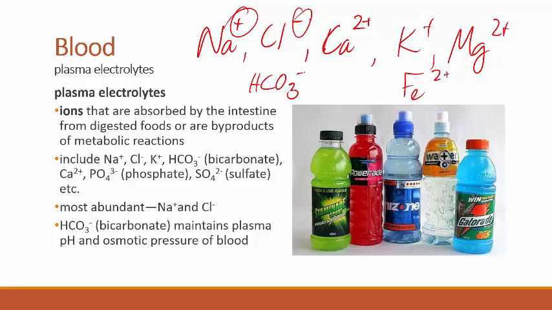The most abundant plasma electrolytes in blood plasma are sodium and the chloride ion. And again, this bicarbonate ion is very important for maintaining plasma and body fluid pH, and because it's so abundant, it also has a role in maintaining osmotic pressure of blood.